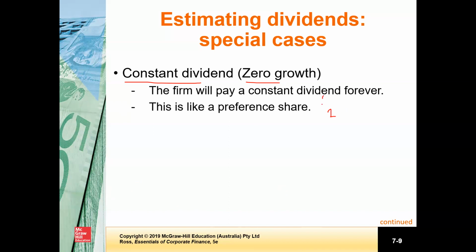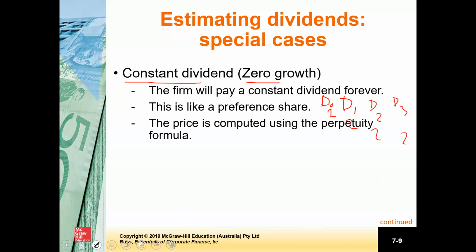So if D0 is 2, then D1 will be 2, D2 will be 2, D3 will be 2, so dividend will be constant and there won't be any growth. This could resemble a preference share because preference shares usually have a constant dividend. However, an ordinary share can also have a constant dividend.